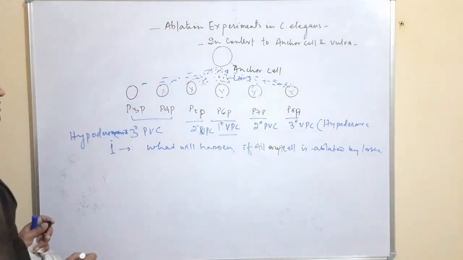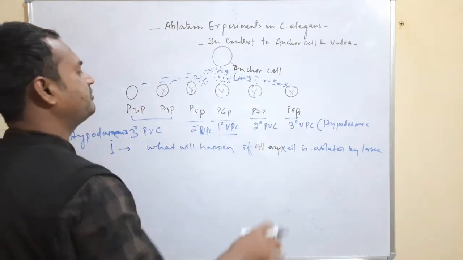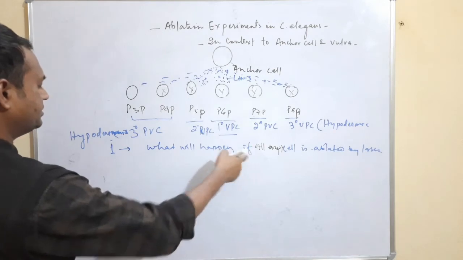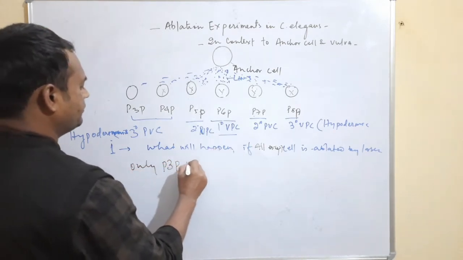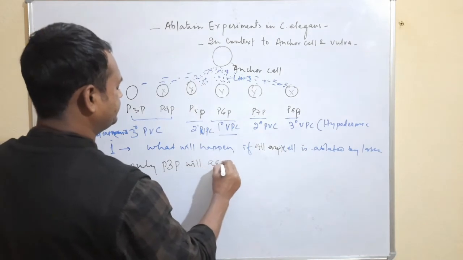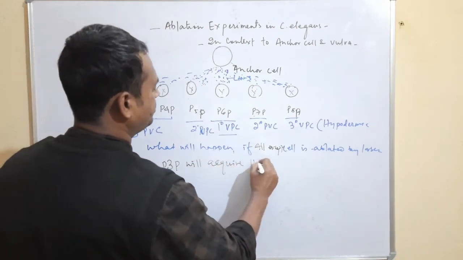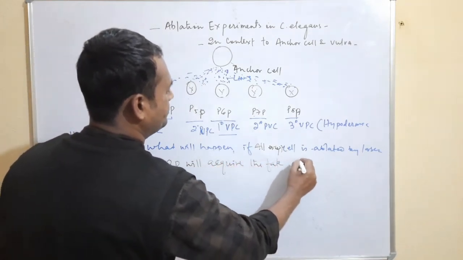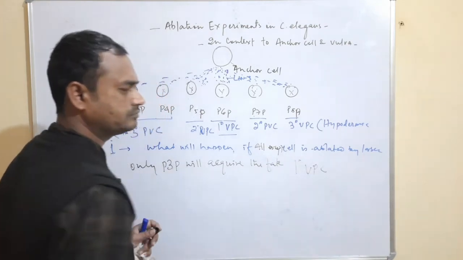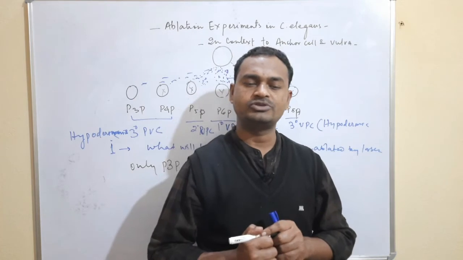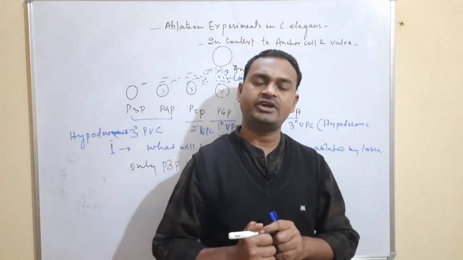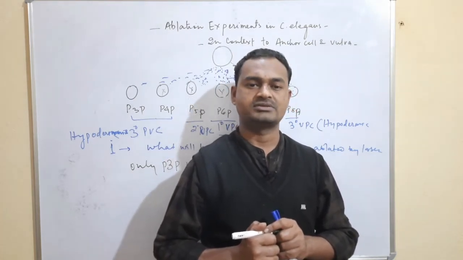Then what will happen? If every cell is ablated, then only P3.p will acquire the fate of primary VPC. Means only the P3.p will be responsible for the formation of the primary fate of the vulval precursor cells.